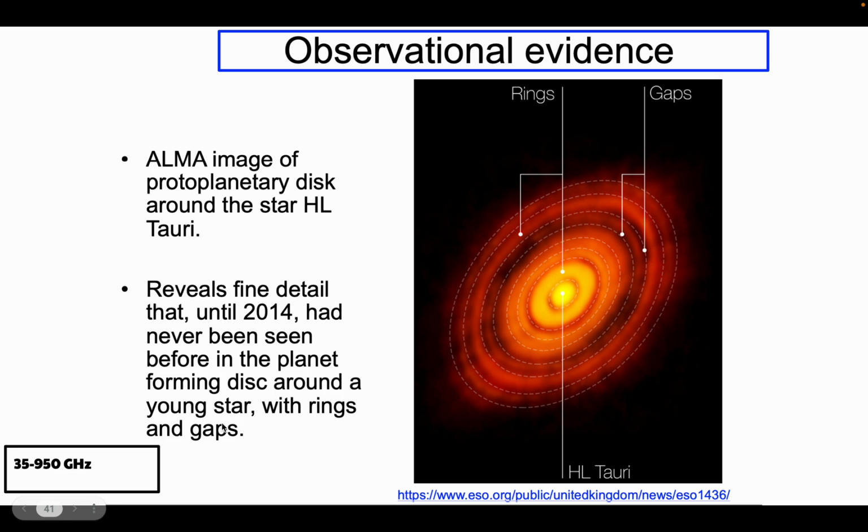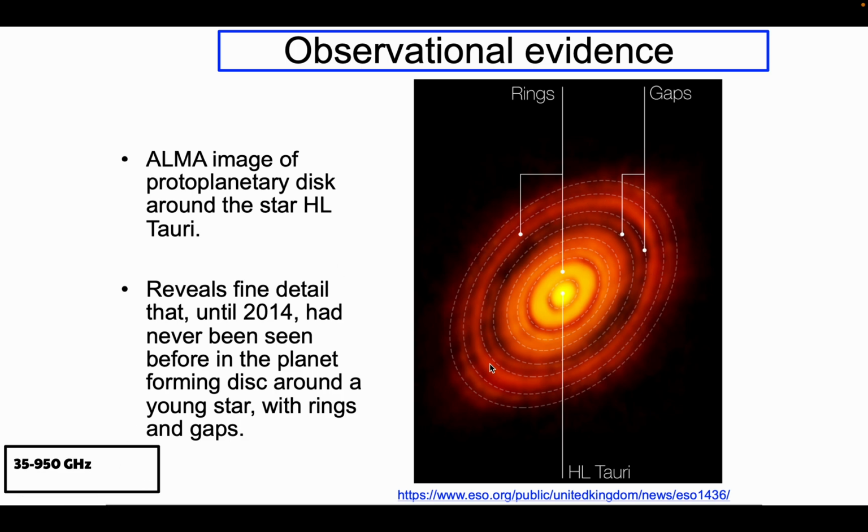Here is the link from where I have taken this picture. If you wish to study more about ALMA observations of planetary disks, rings and gaps, and from that the planet formation itself, you can visit this link. ALMA is a millimeter telescope which studies the universe in the 35 to 950 gigahertz regime.